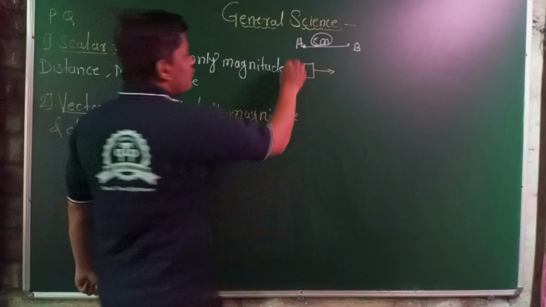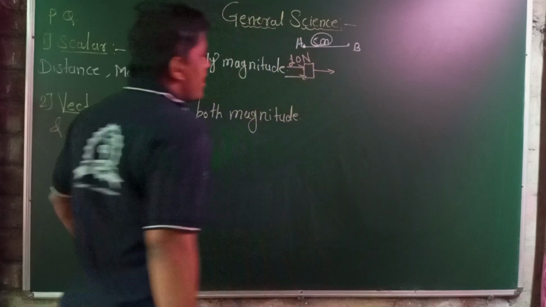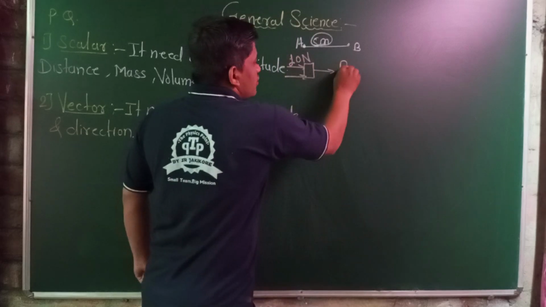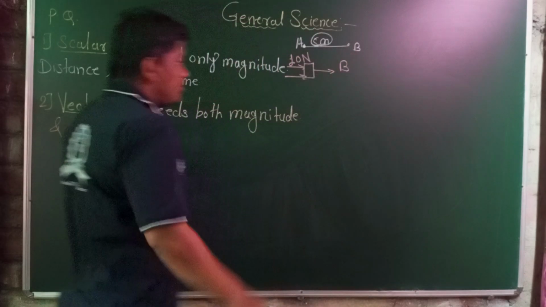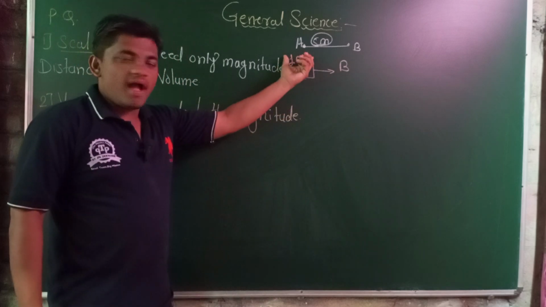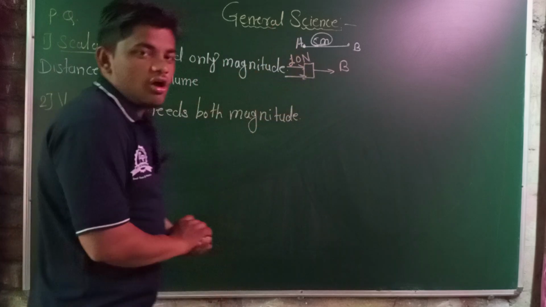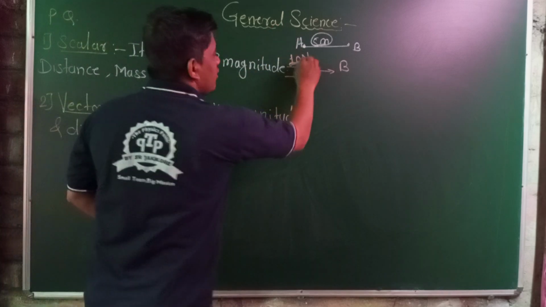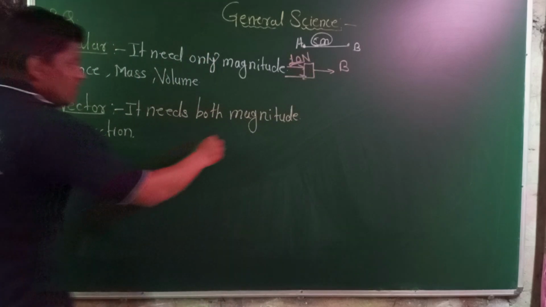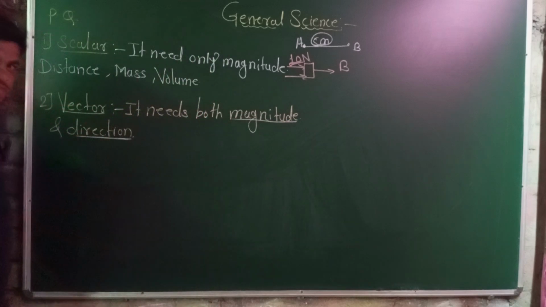The amount of force is 10 Newton, applied on that object towards the right, or towards point B. It must have knowledge of the numerical value, meaning the magnitude, and also knowledge of the direction of that physical quantity applied. That is, it needs both magnitude as well as direction.